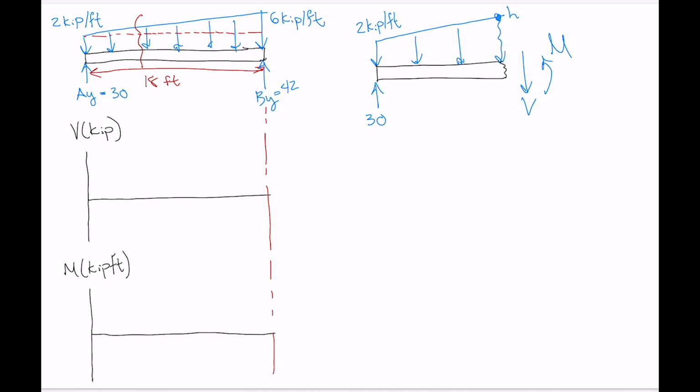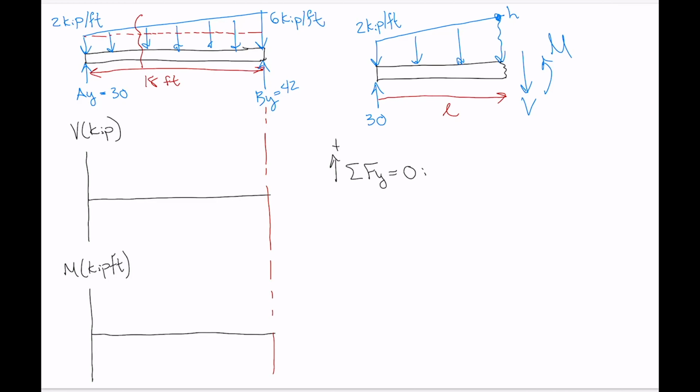So there are our directions for those. Okay, so now it's just a case of putting on the fact that this is some length L, and then applying our equations of statics. So let's do first, sum of the forces in the y direction has to be equal to 0. Positive is upwards here.